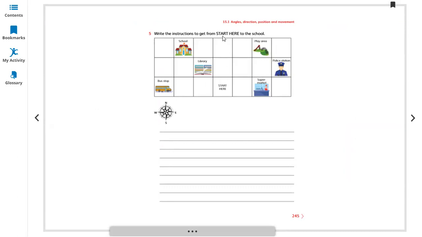Okay, at the north, add 2 steps if you are walking, and then on the left, move one right angle anti-clockwise, and then again move forward to the west 2 steps, 2 squares, 2 boxes. So you come to the school. If you're using the bus, then it's a different route. So it's up to you. Which one is easy for you? You can write it.